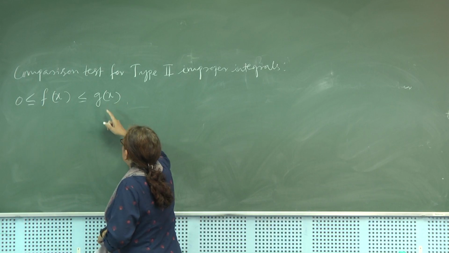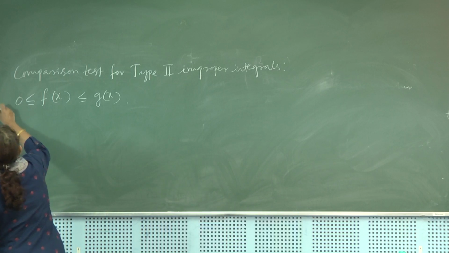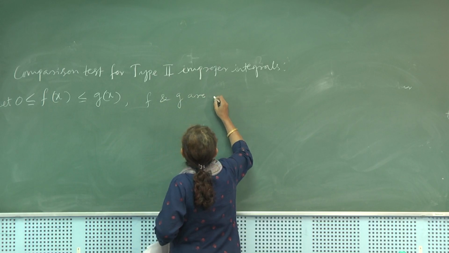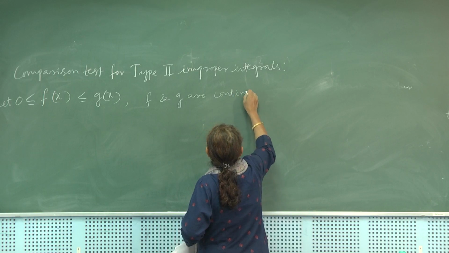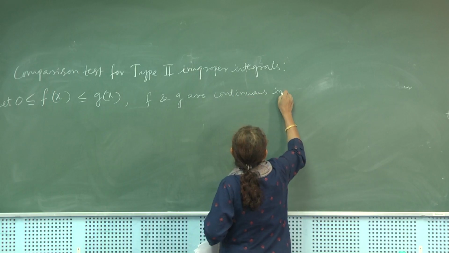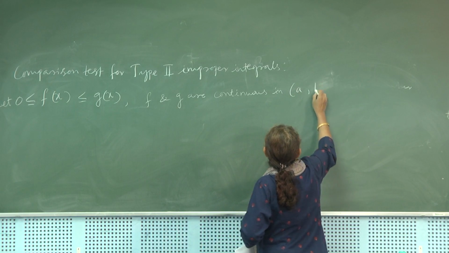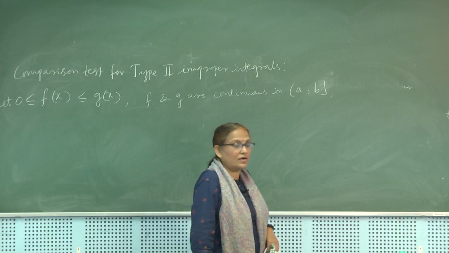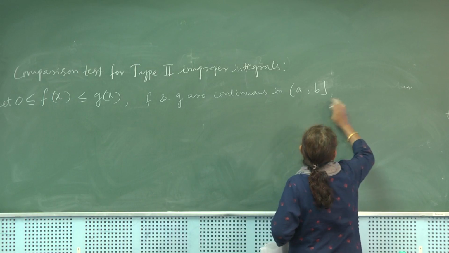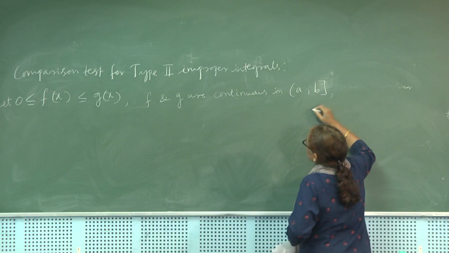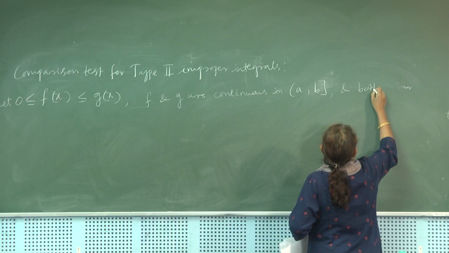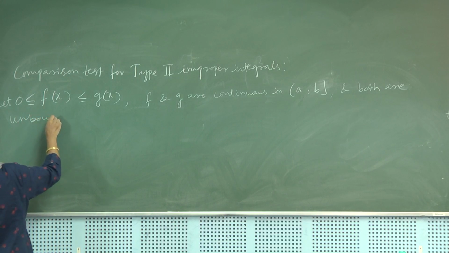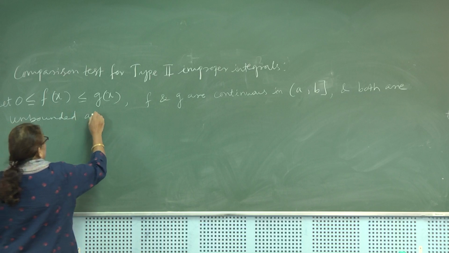So, the functions f x and g x are related like this, and f and g are continuous in this interval (a, b], and both are unbounded at a.